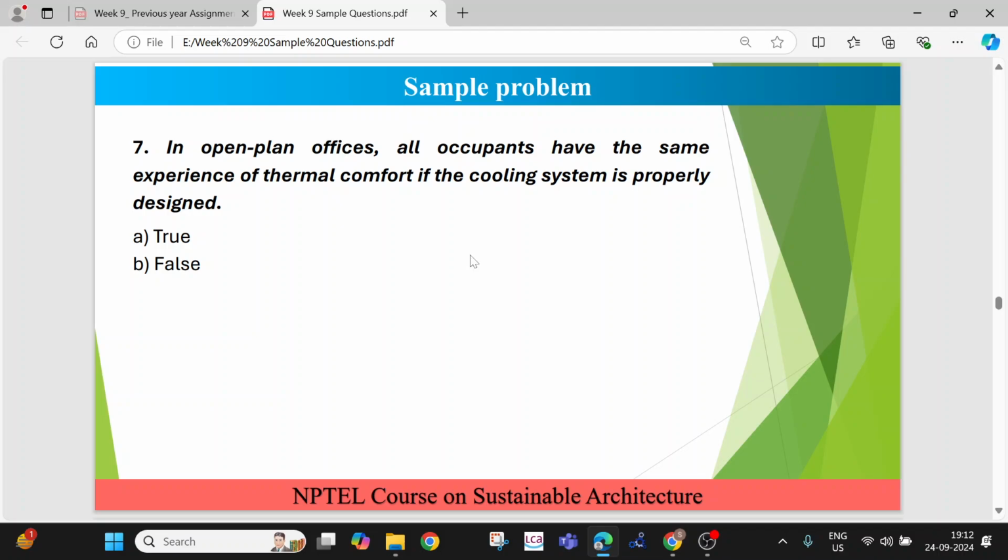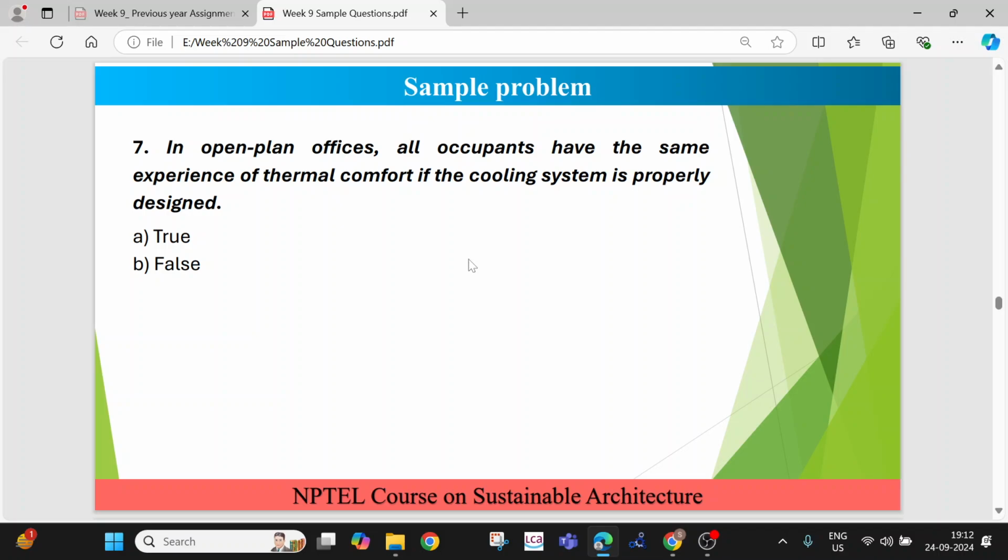The statement says all the occupants will experience the same thermal comfort if the system is designed, so this is not a correct statement. The correct answer is false, as all of you have mentioned, because this thermal comfort level study is a highly subjective quantity.